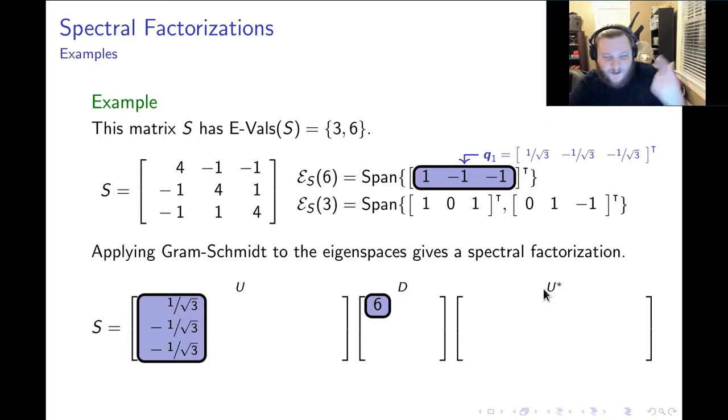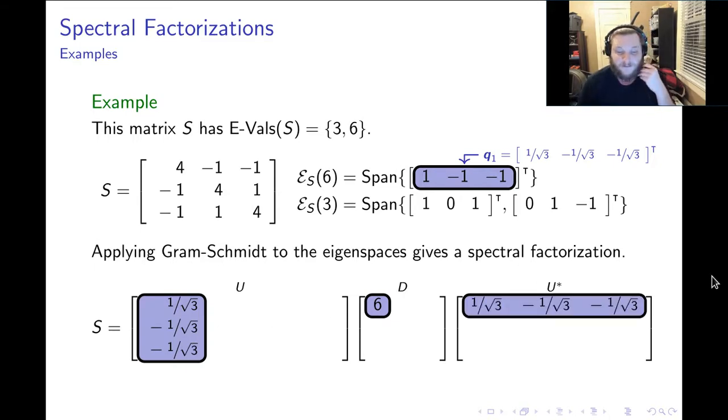So I actually don't need to do any work to invert U. I just need to take that first column and input it into U conjugate transpose as the first row. Great. So that's our first column of U, our first entry on the diagonal of D, and our first row of U conjugate transpose. Now let's go to our second eigenspace and apply Gram-Schmidt.